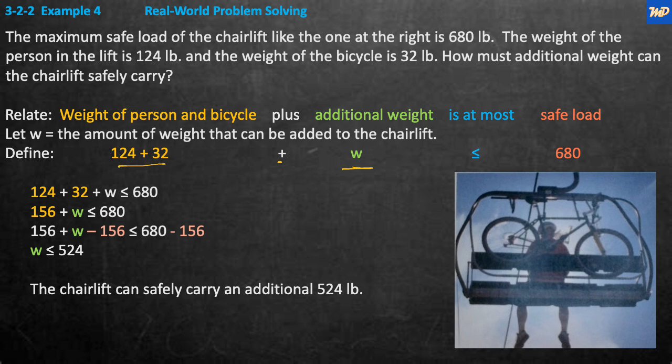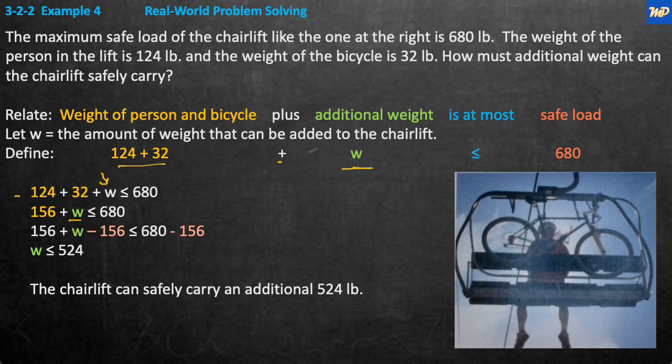680 pounds. So now we write this in our equation, which is 124 plus 32 plus W, the weight that we don't know, right? There's W, is less than or equal to 680. So you add 124 and 32 and you get 156 plus W, the unknown weight, is still less than or equal to 680 pounds.